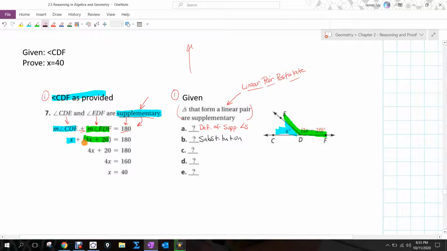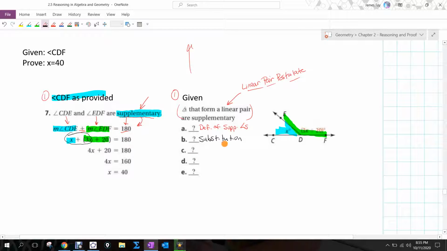Okay. Now in this stage, this is where I think they could be more detailed. If you think really what's going on here is that they're going to regroup these two, associate property those two, and then combine like terms, which they could get further down into distributive property if you want to.